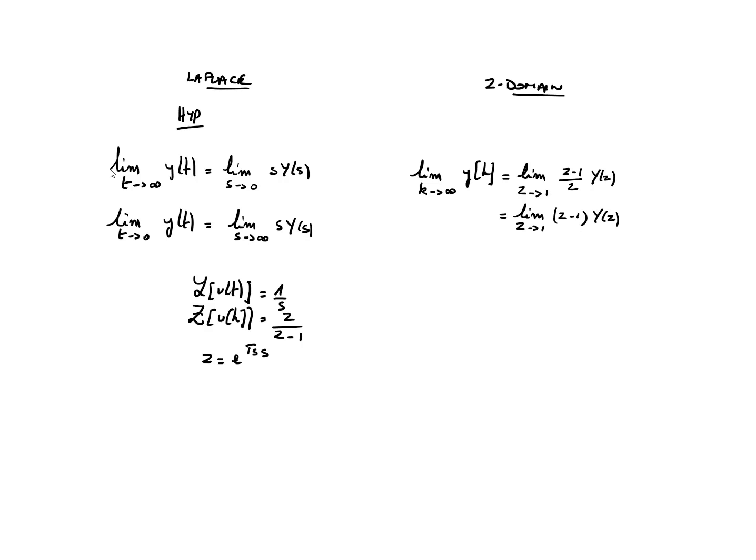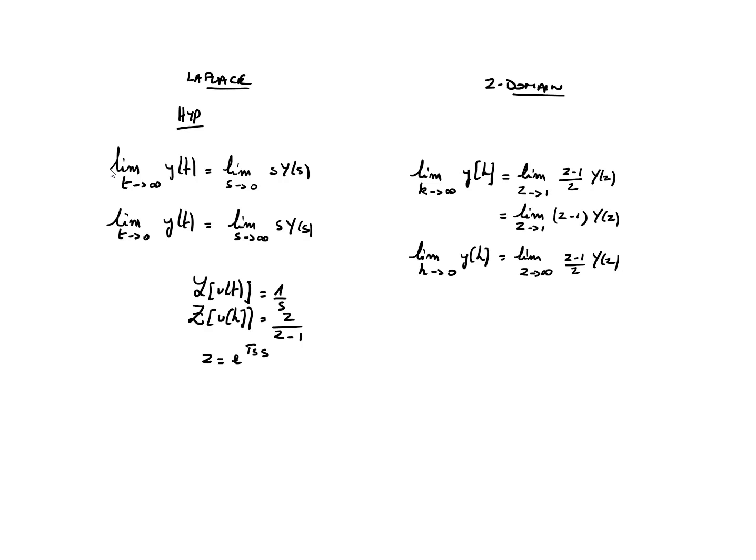Equivalently, you can find that the limit when k tends to 0 of y of k is the limit when s tends to infinity, and over here so does z. So it's the limit when z tends to infinity of z minus 1 over z y of z.